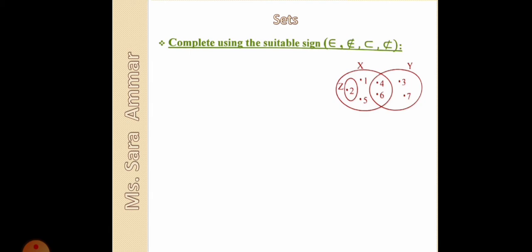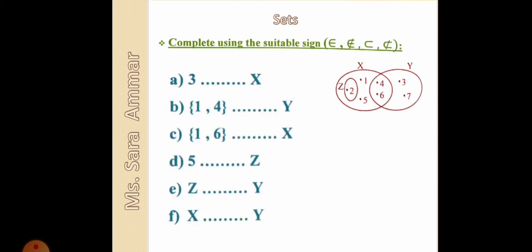Set Z, which has only the element 2. Set Y, which has the elements 3, 4, 6, and 7. Okay, so I want to see in question A if the element 3 exists in the set X or not. So 3 is an element, we're going to choose between belong and doesn't belong.